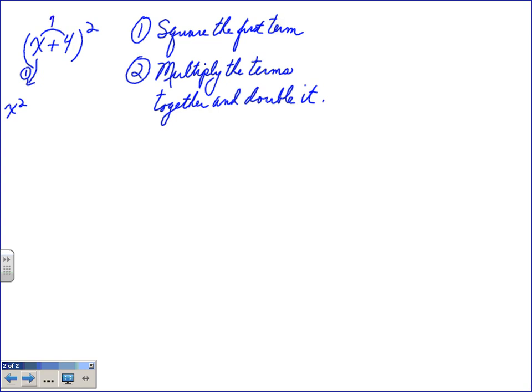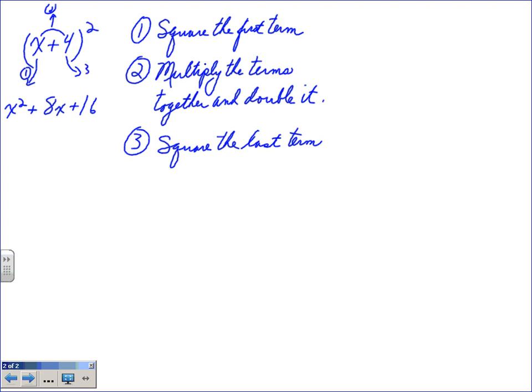So this would be step number 2. So then you're going to have 8x is correct. Step number 3. Square the last term. So we want to take number 4 and square it to get 16. And this is step 3.